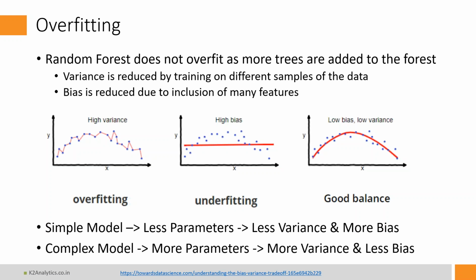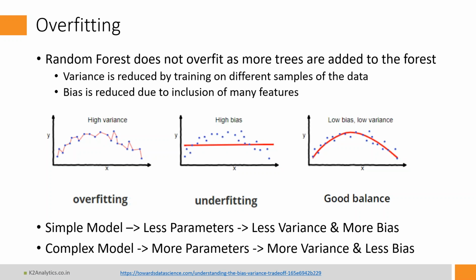And my decision is a collective decision of many models taken together, which means the impact of the variable is accounted for in one of the many models. So random forest, by averaging out, tends to reduce variance. By allowing multiple features to be part of the model, it tends to eliminate bias. As such, random forest models typically do not overfit.